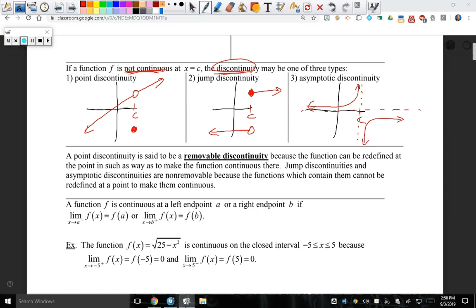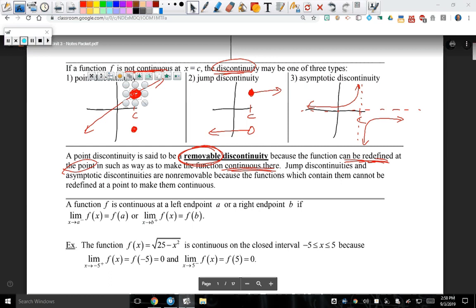Alright, so a point discontinuity is said to be removable. This is why we call it removable, because the function can be redefined at the point in such a way as to make the function continuous everywhere. So basically, this point right here, if I were to redefine it, and if I were to actually move that point up, then the function is continuous.